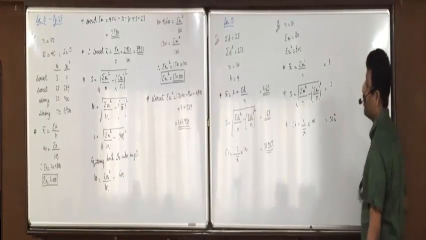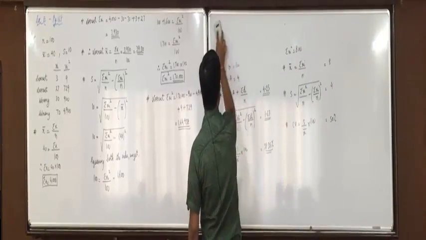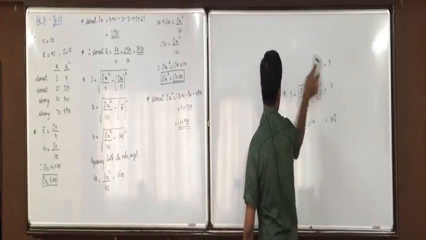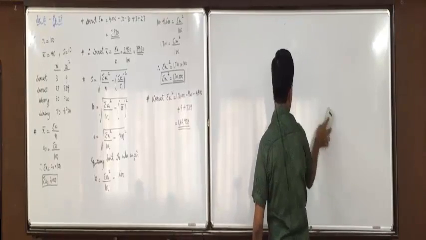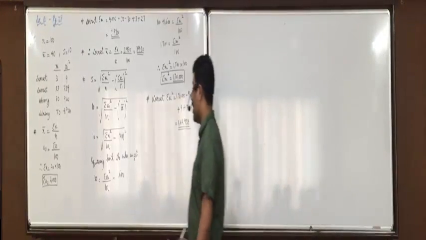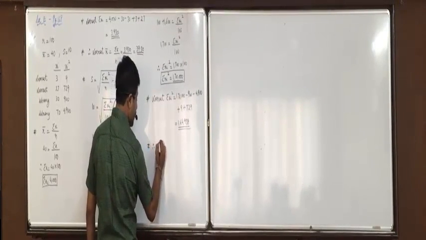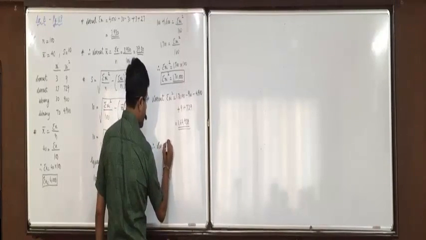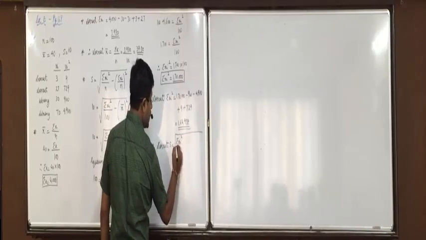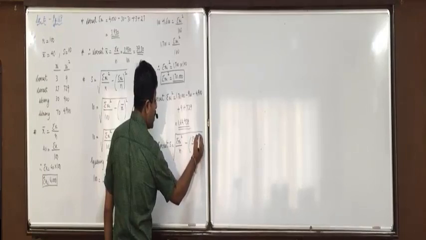And now we will apply the formula of standard deviation with the correct values again. So write down: therefore, the correct standard deviation is equal to square root of sigma xi square upon n minus sigma xi upon n whole square.